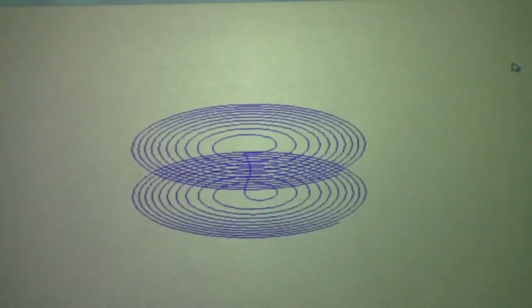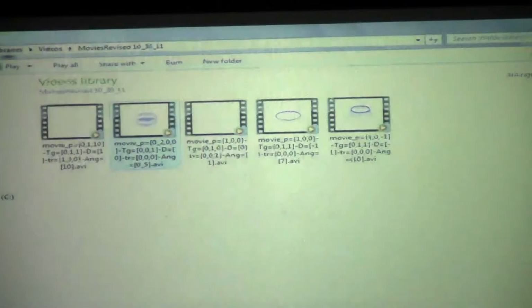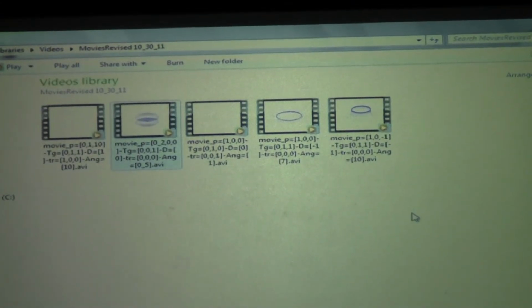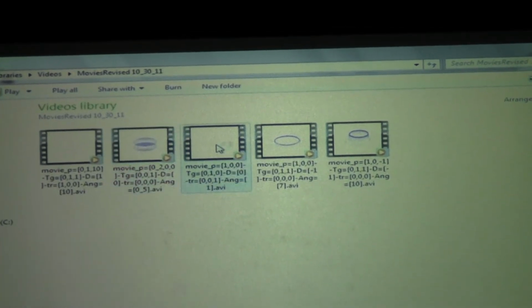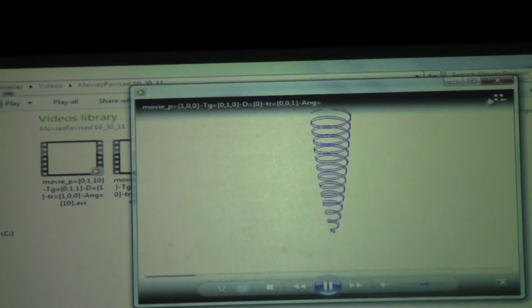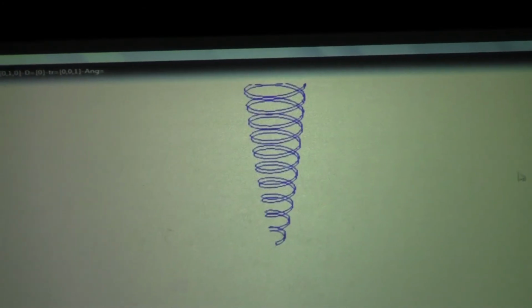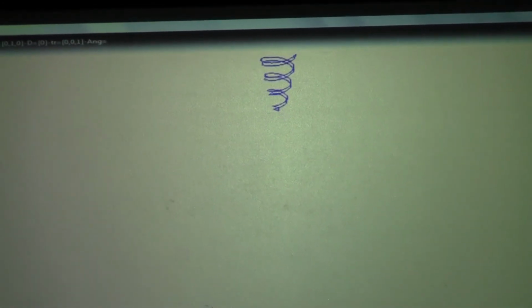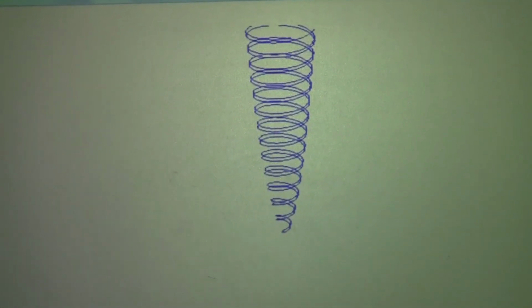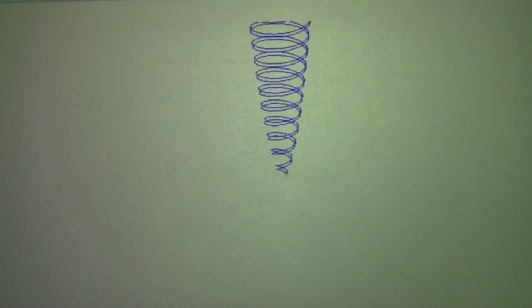Now there's another one. This thing rotates and translates. So it rotates around the z-axis, but translates parallel to the z-axis.